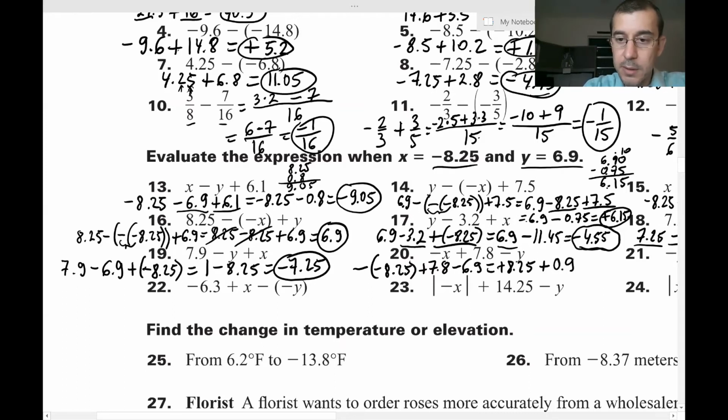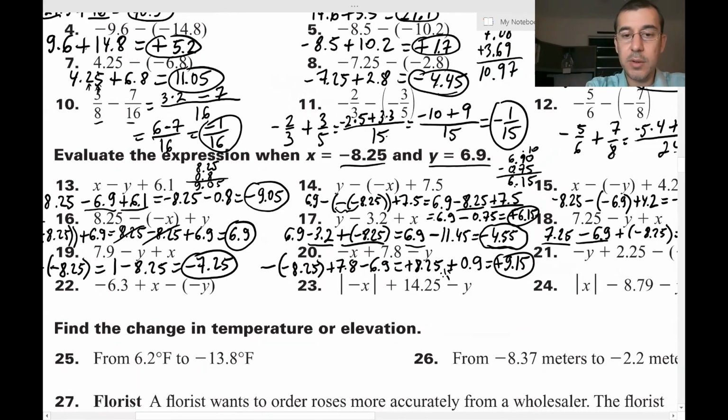Okay, and we have two positive numbers, we're adding up two positive numbers, so this is 9.15. So I split 0.25 into 0.15 and 0.1. So I did 8, and this 0.1 added to 0.9 is 1 whole, so 9 wholes, 9.15. Hopefully that makes sense. Otherwise, you can do it on the side.